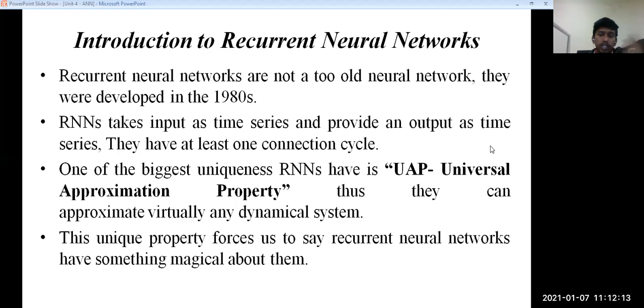This property is not part of artificial neural networks or other neural networks. That's the reason it can give approximations about the predictions for the next step, taking into consideration the previous steps.